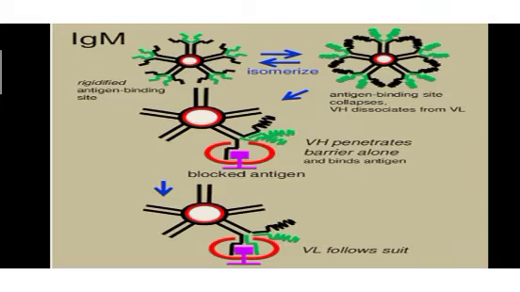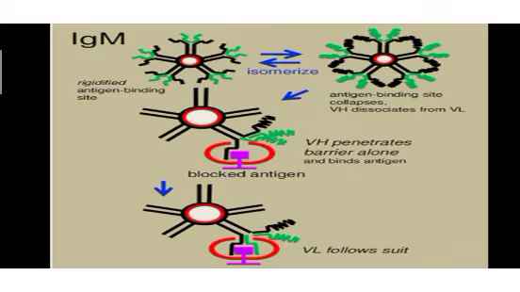The large pentameric structure allows for binding between encountered epitopes on molecules that are too distant to be connected by smaller immunoglobulin G antibodies. And IgM is the first antibody built during an immune response.